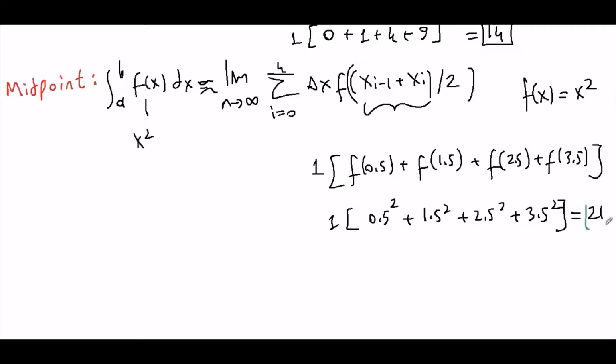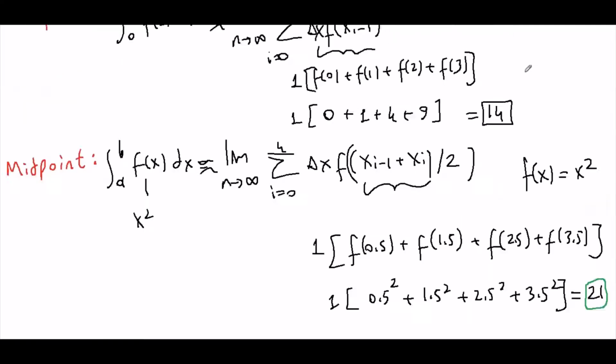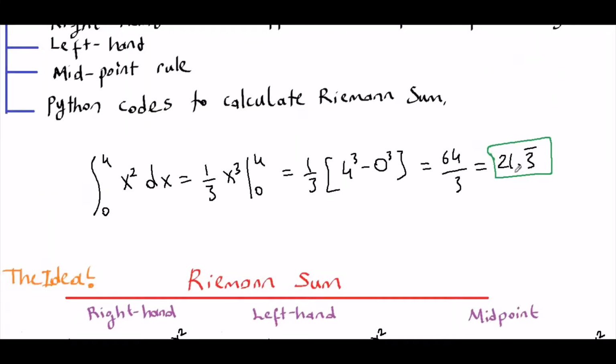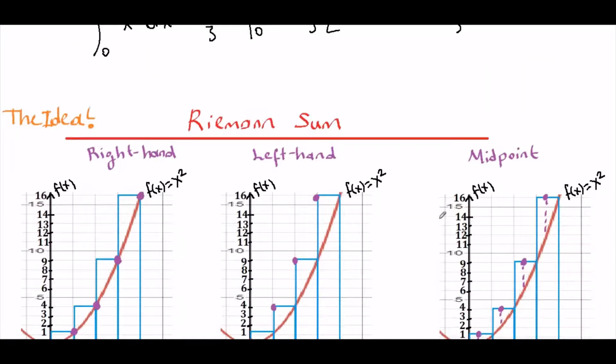And 21 seems a very good estimation, because our exact value is 21.3. So for this function, midpoint seems the best estimation. But it might not always be that midpoint is the best estimation. It depends on the function.